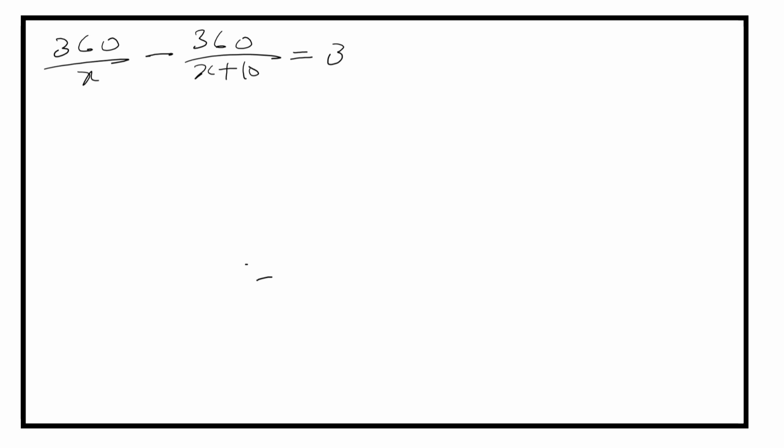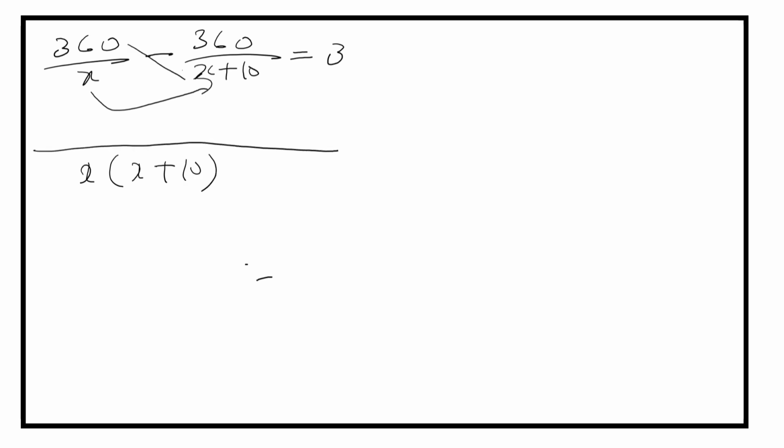Now let us take LCM. What is LCM? The multiplication of the denominators, x into x plus 10. Here cross multiplication: 360 into x plus 10 minus this into this, 360 x, is equal to 3.